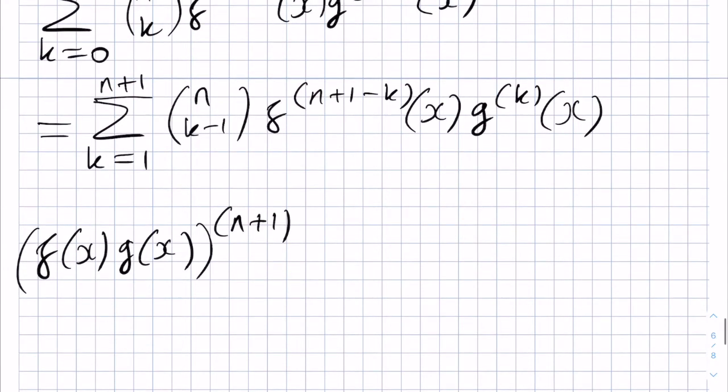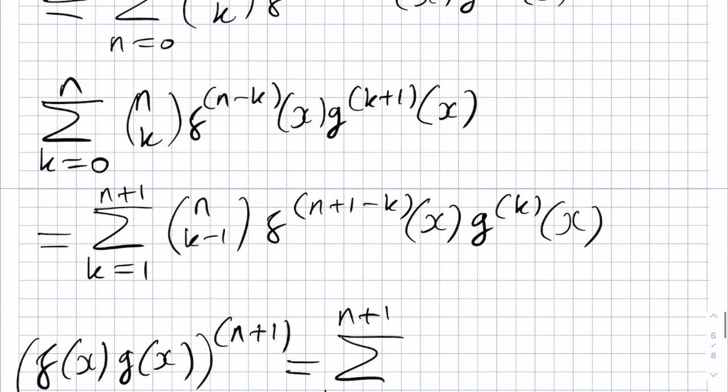And if we put this all together, then we will have, it turns out, the sum, and bear with me for a moment here while I explain this, from k equals 0 up to n plus 1, and then these two things here added together.